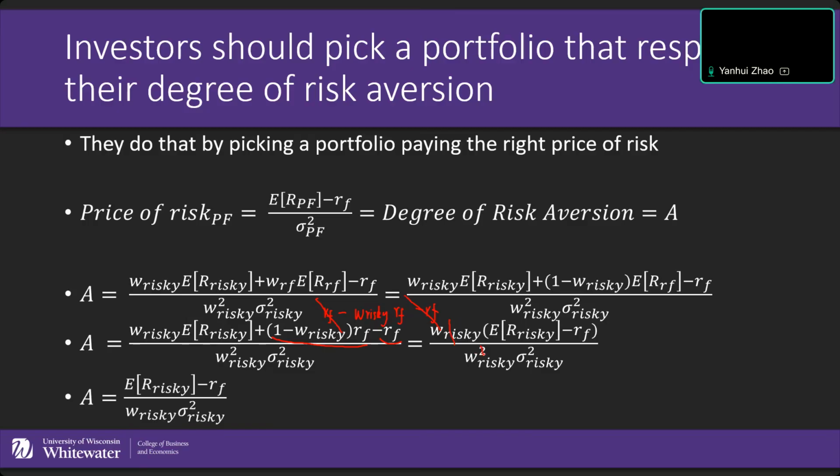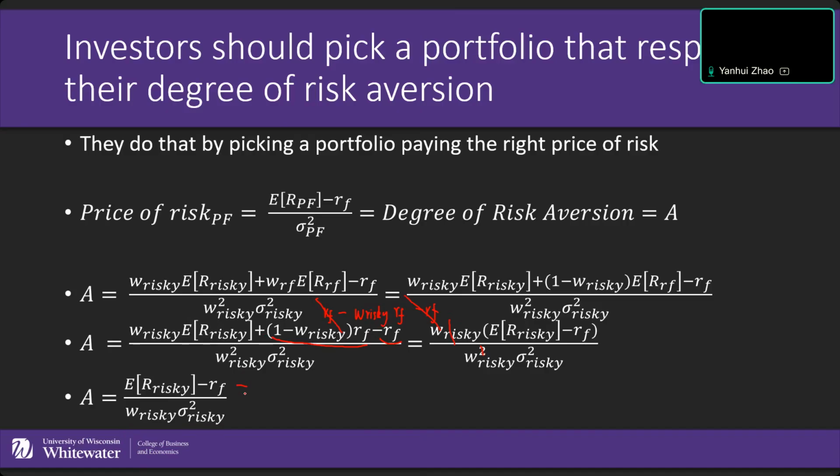How do we call the numerator here? What is the name of this numerator? Risk premium. Yes, it's the risky asset's risk premium, right? Thank you very much. I'm going to write down here.